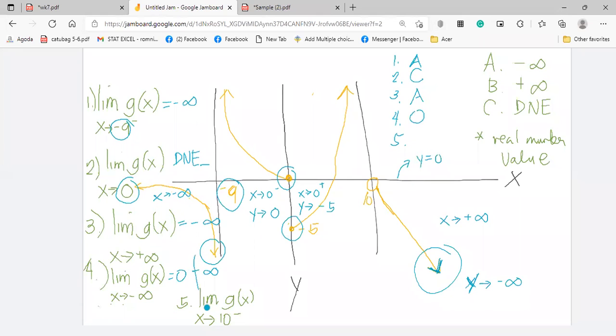Okay, and in number 5, you are approaching 10 from the left. The answer is positive infinity. Ito yung 10. Ito yung left niya. Anong ginagawa ng y? Paakyat siya infinitely. The answer here is B. So A, C, A, 0, B. Tingnan ko yung mga sagot niya.